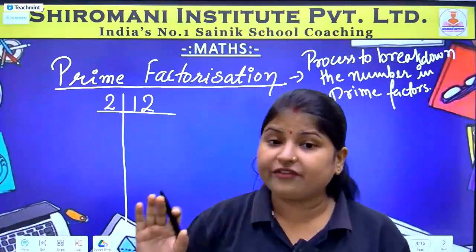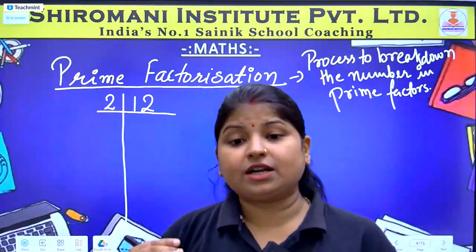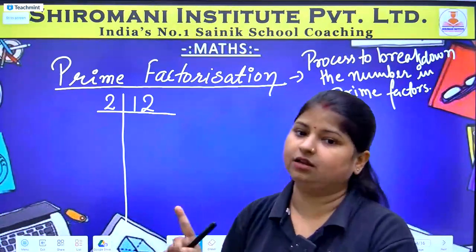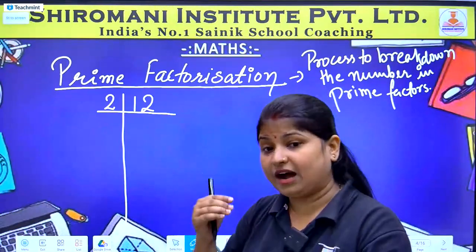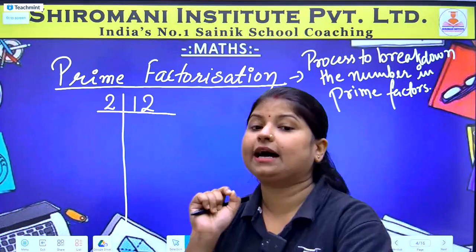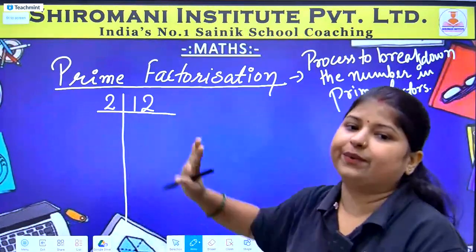If it is not divisible by 2, then I will go for 3. If the number is not divisible by 3, then I shall go for 4. No, not 4. After 3, 5. Why? Because we need only the prime factors, prime numbers, on the right side.